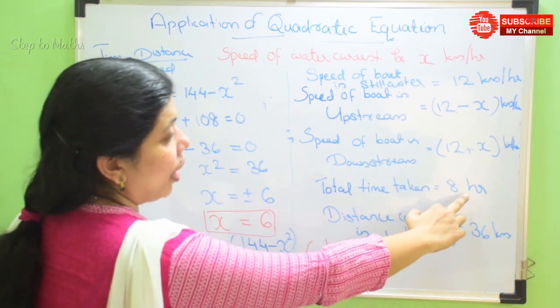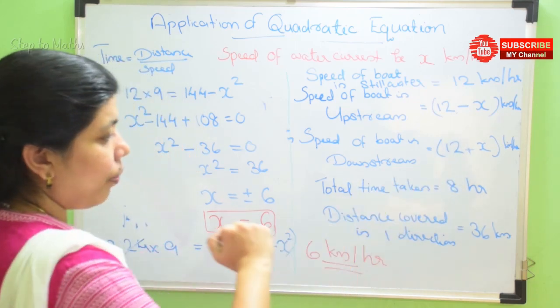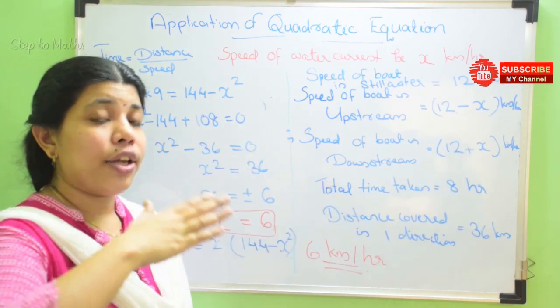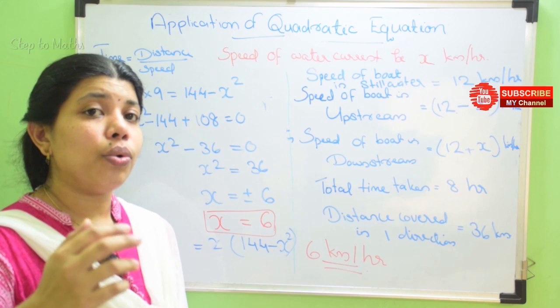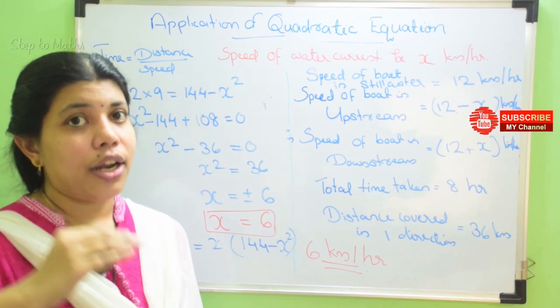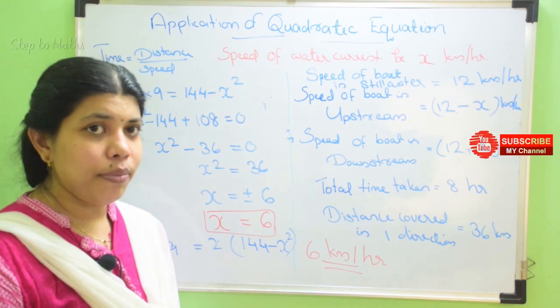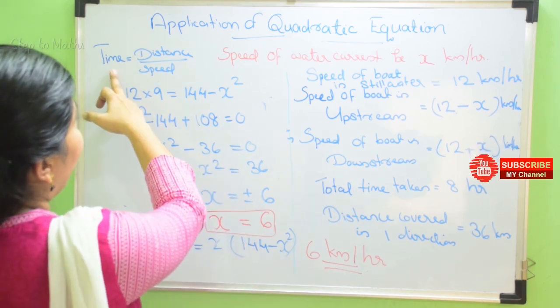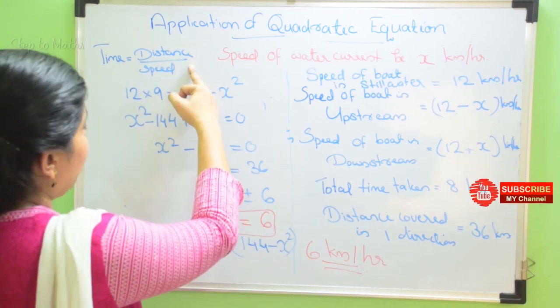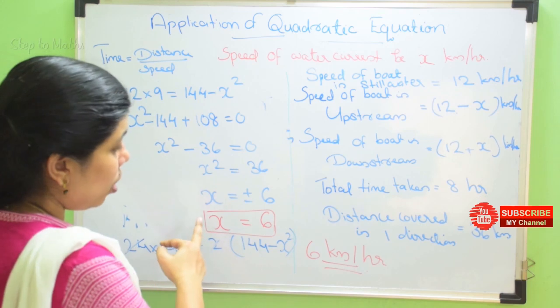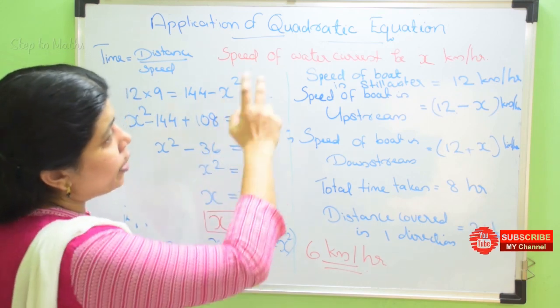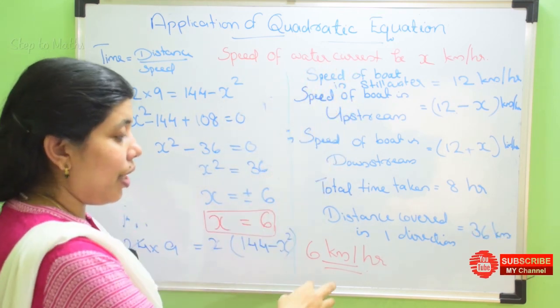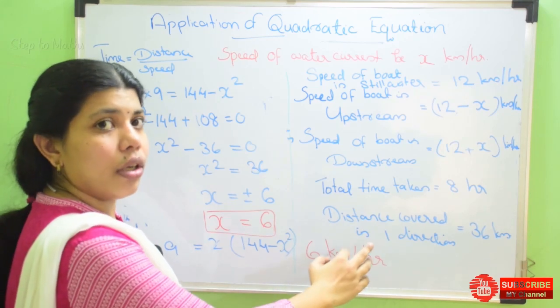The total time is for both directions, and using time equal to distance by speed, we find the speed of water current, that is 6 km per hour.